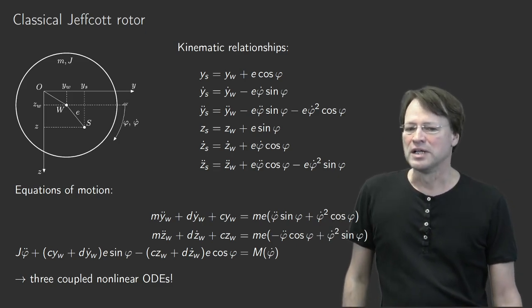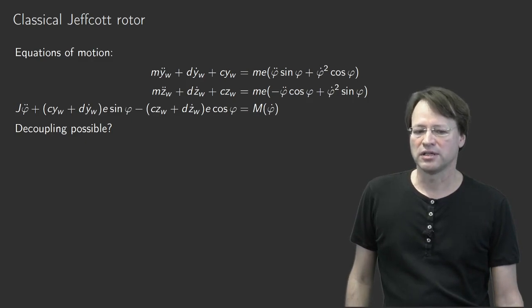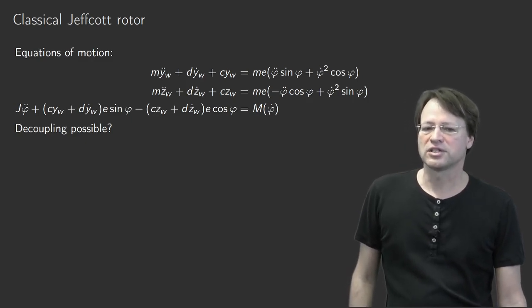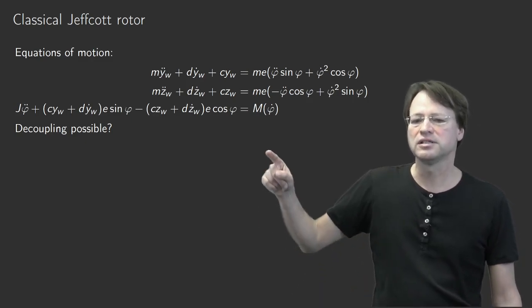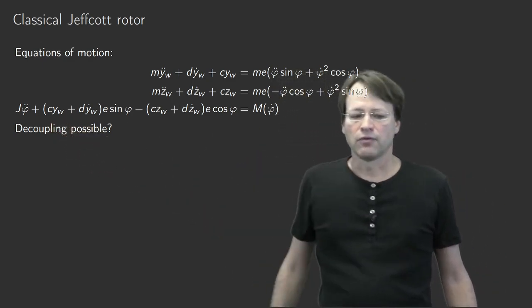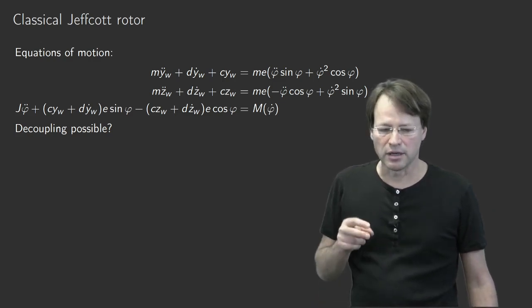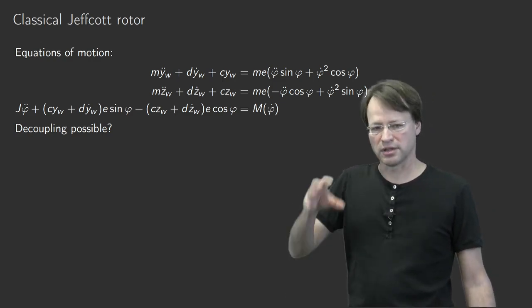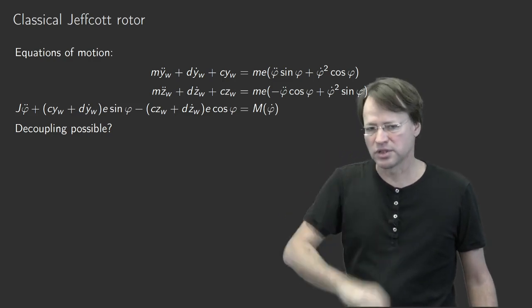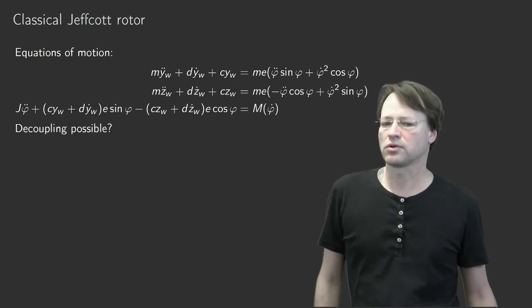Okay, so let's look at the decoupling for the stationary state. So what is a stationary state here? Stationary state means that the first order derivative of angle phi, so the angular velocity, is a constant. The rotor rotates with constant rotational velocity, or with constant rotational speed, or simply said, with constant speed.